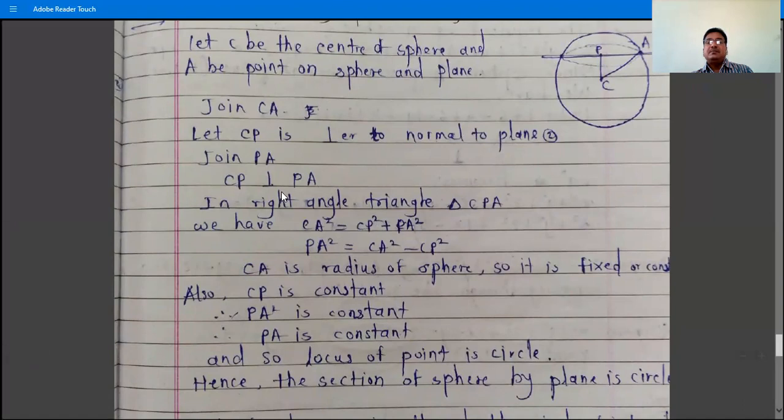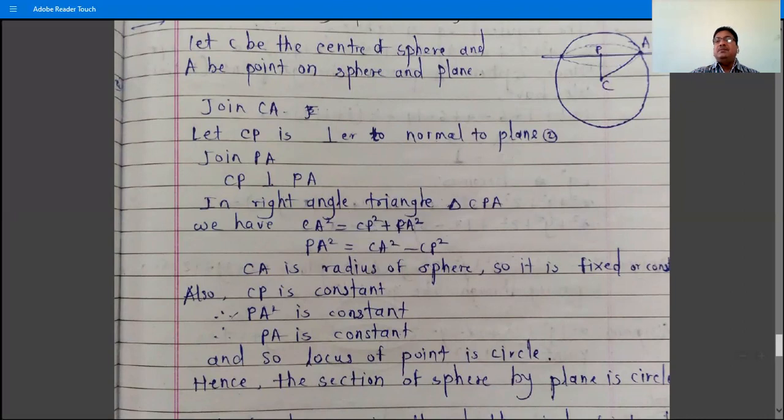CP is perpendicular to PA also. In the right angle triangle CPA, angle P is 90 degrees. What we have is CA square, the hypotenuse square, is equal to CP square plus PA square by the Pythagorean theorem: the hypotenuse square is equal to the sum of the squares of the remaining two sides.